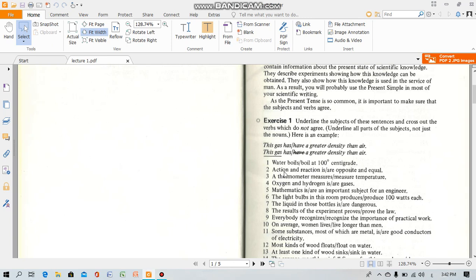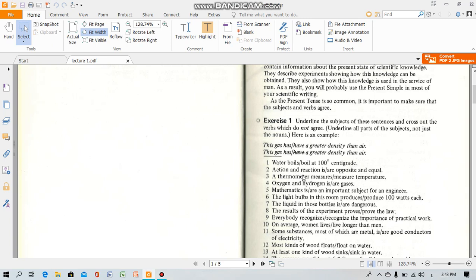Number two, action and reaction are opposite and equal. As we can also notice here, there are two verbs. The first one is is and the second is are.